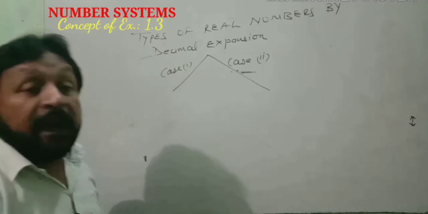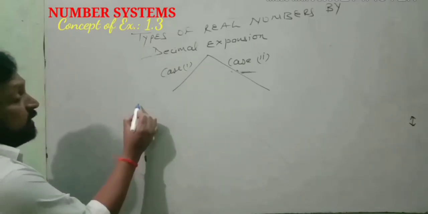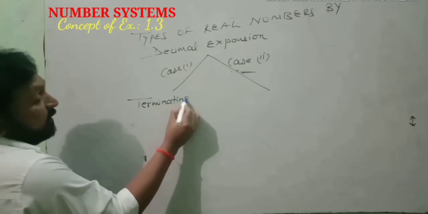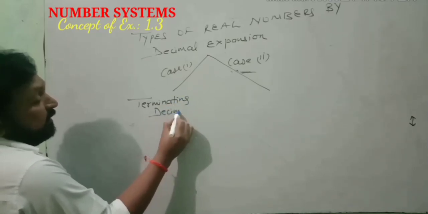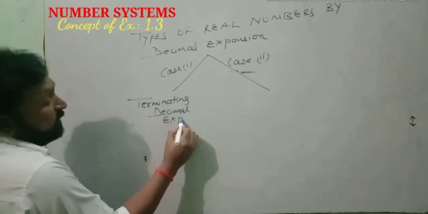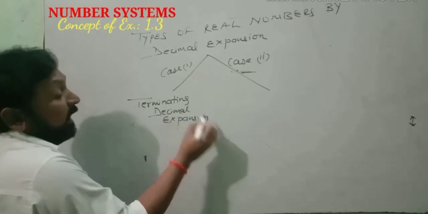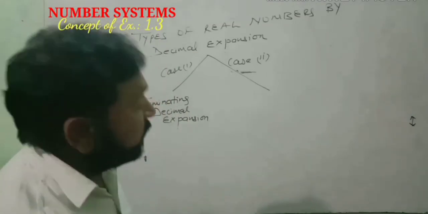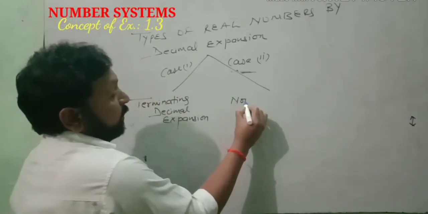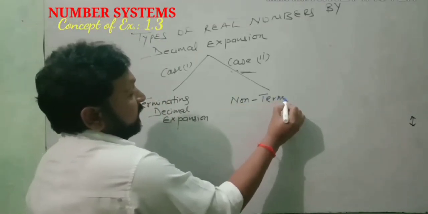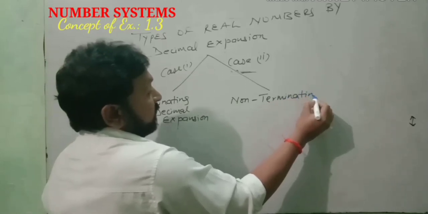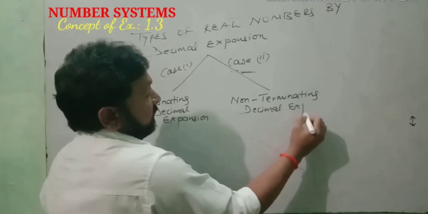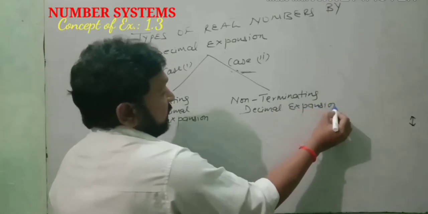When the division gets over, we call it terminating decimal expansion. And if the division does not get over, then we call it non-terminating decimal expansion.